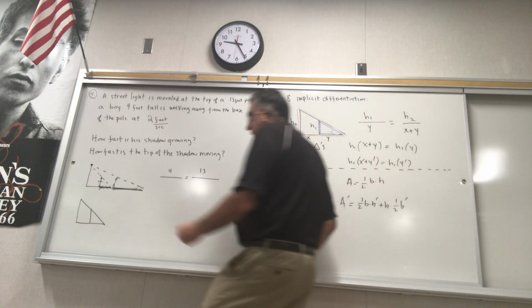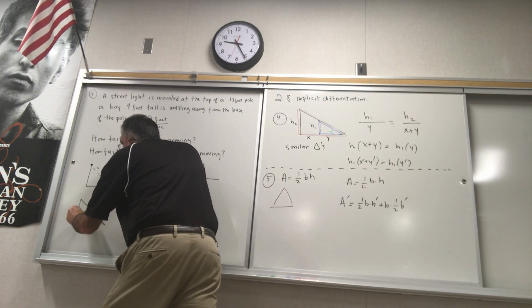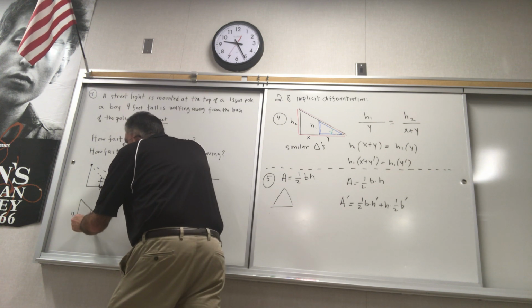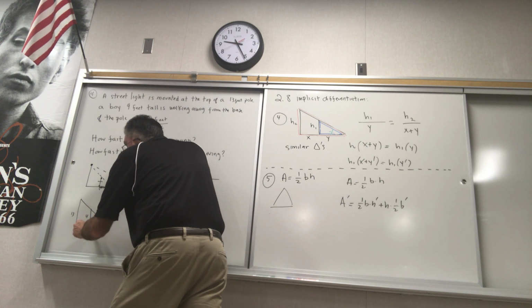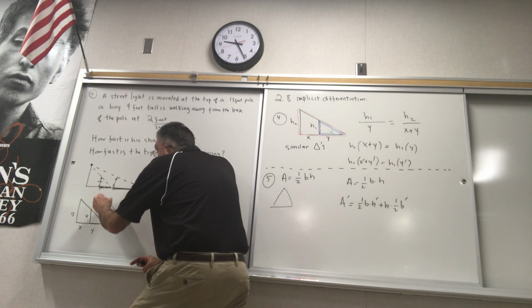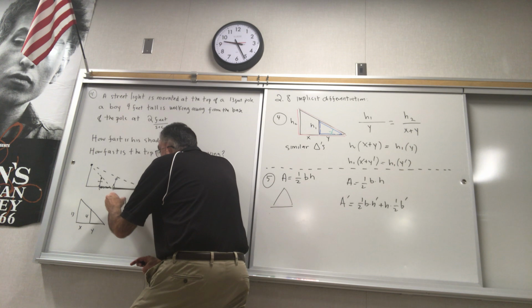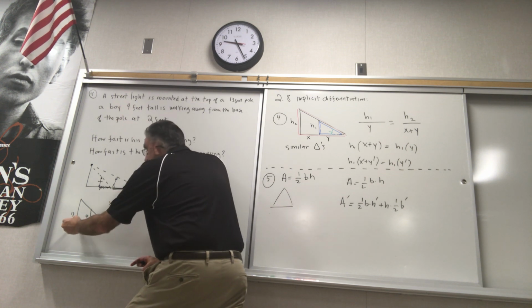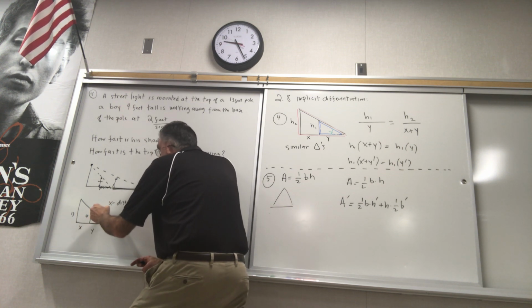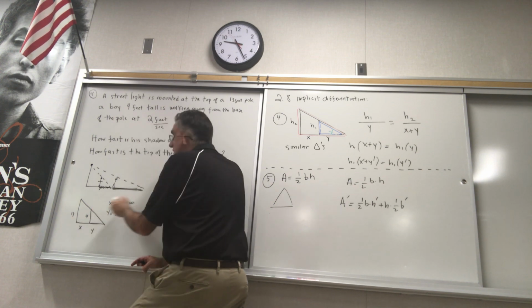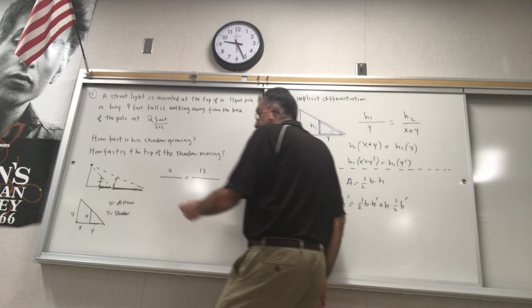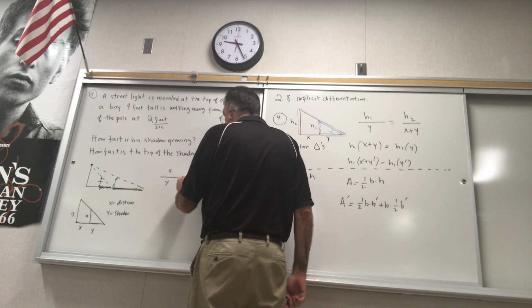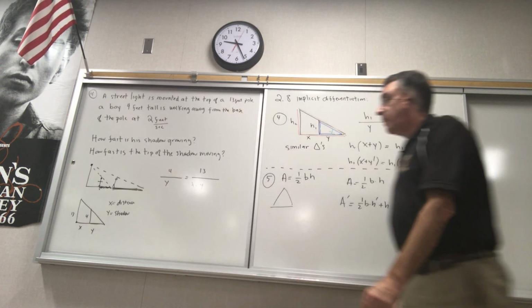So I know this is 13 and this is 4. And then here's the distance from the pole, and here's the shadow. So for the sake of discussion here, x is the distance from the base of the pole, and y is the shadow's length. So we know this is going to be y divided by x plus y.